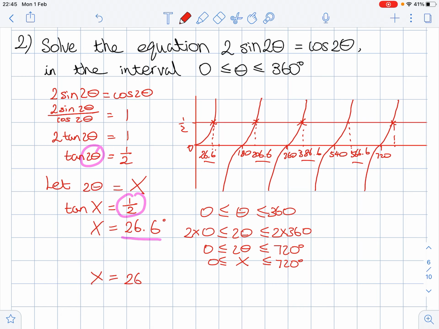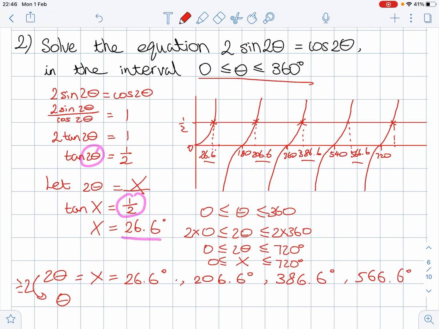So my x equals 26.6, 206.6, 386.6, and 566.6. Then we know that x is equal to 2 theta. But what we only want to find out is what theta is. So we need to half all the values.